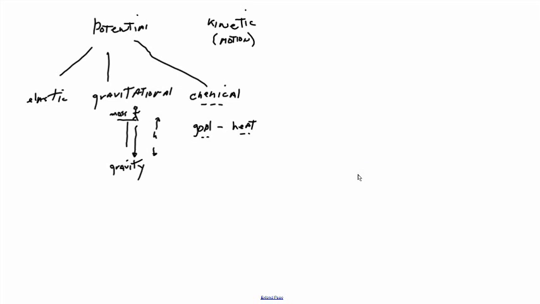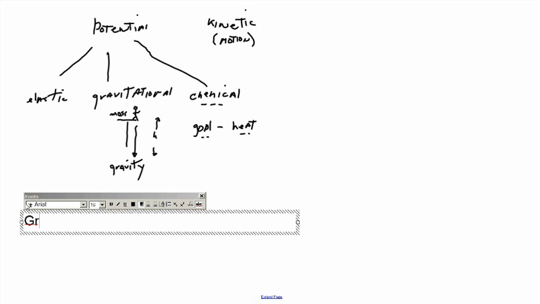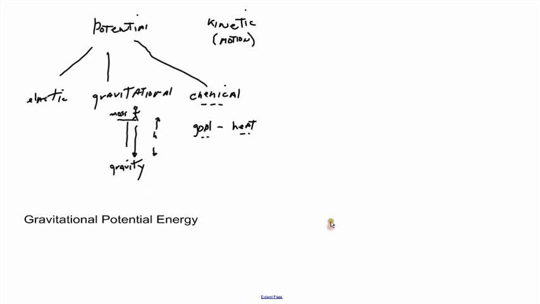Let's keep talking about gravitational potential energy in particular. Okay, and let's give you some examples. I kind of like the guy on the diving board, so I'm going to stick with that, and let's talk about that a little bit.